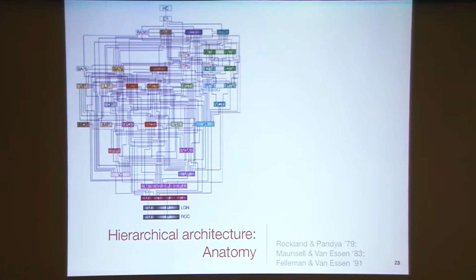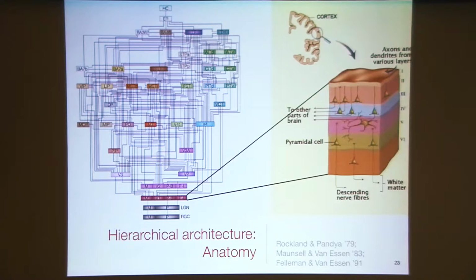All right, so beyond the primary visual cortex, there is plenty of evidence for these kinds of hierarchical organization. So this hierarchical organization is not just limited to the primary visual cortex. In particular, if you look at the organization of your visual cortex, Bruno mentioned yesterday that the visual cortex is organized into 6 distinct layers.